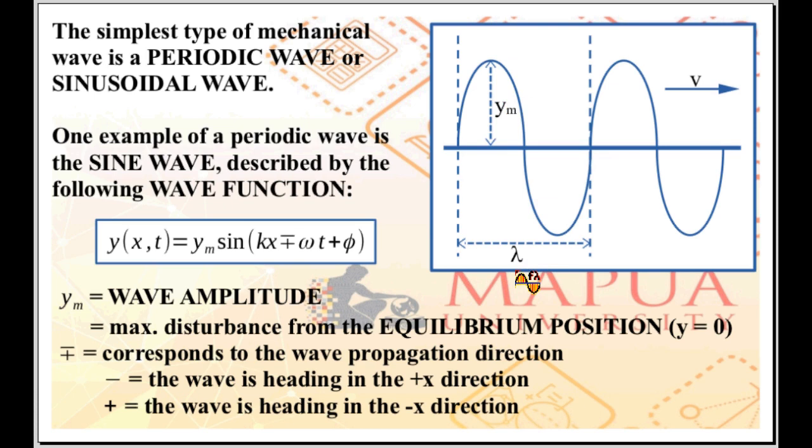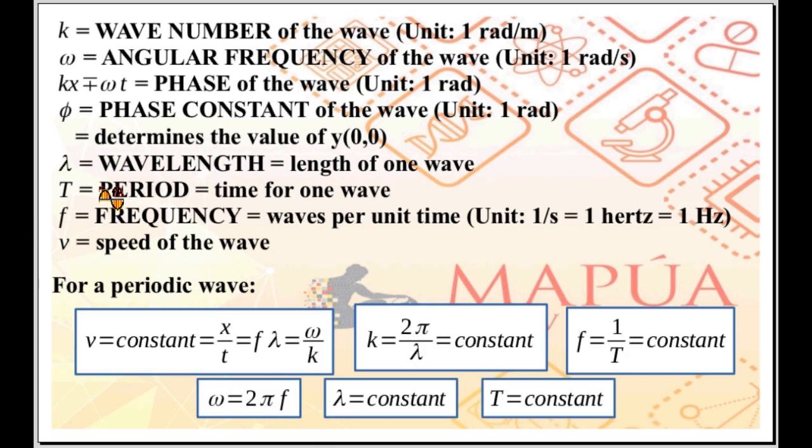Length of one wave. If you stand at this point and you measure the time it takes for one wave to pass by you, you are measuring the period of the wave. Time for one wave. And as the name suggests, periodic wave, the period of a periodic wave is constant.